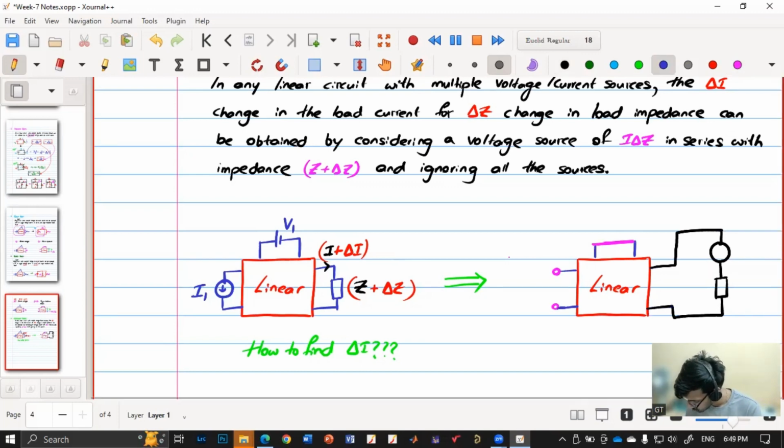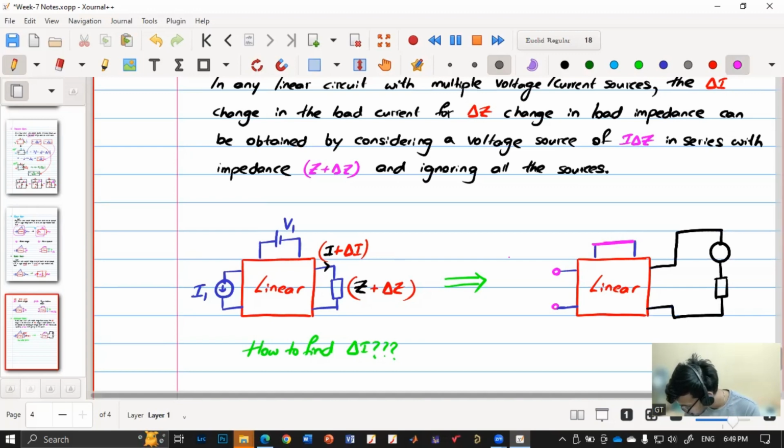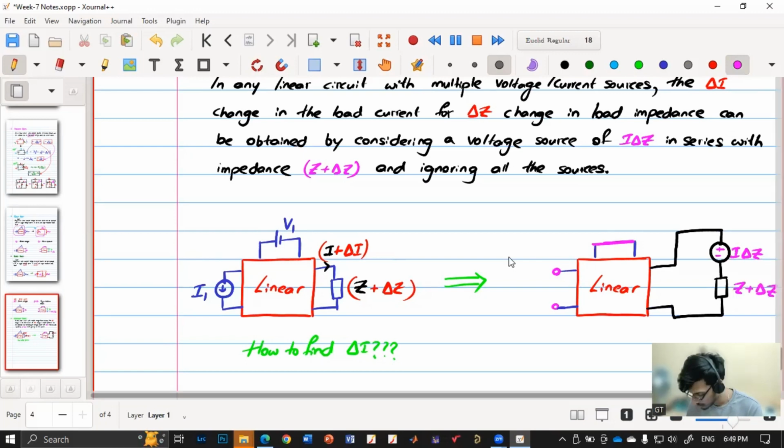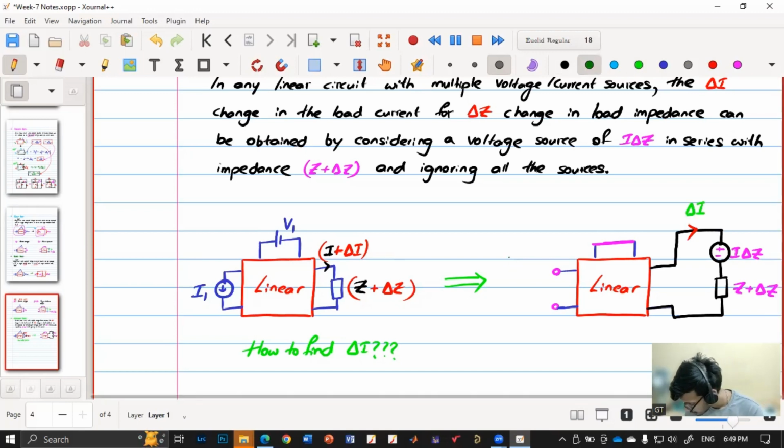Now the question is, what is the value of the voltage source? I delta Z. I is already calculated before and delta Z is given. And the impedance is Z plus delta Z, the new impedance. Now, the current through this will give you delta I. So you can directly solve for delta I instead of solving for I plus delta I in the actual circuit and then subtracting.